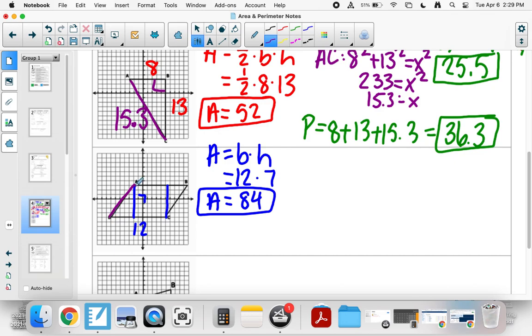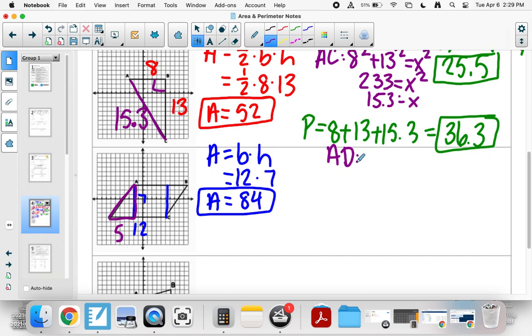I would use Pythagorean theorem because you know this is 7. We can count this: 1, 2, 3, 4, 5. That's just my recommendation. You can use distance, it will work. I just think this is faster.